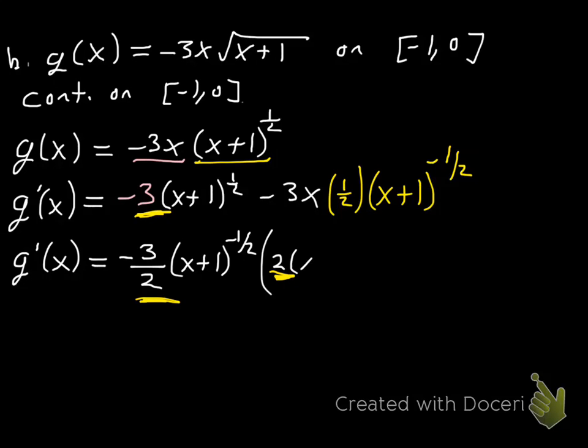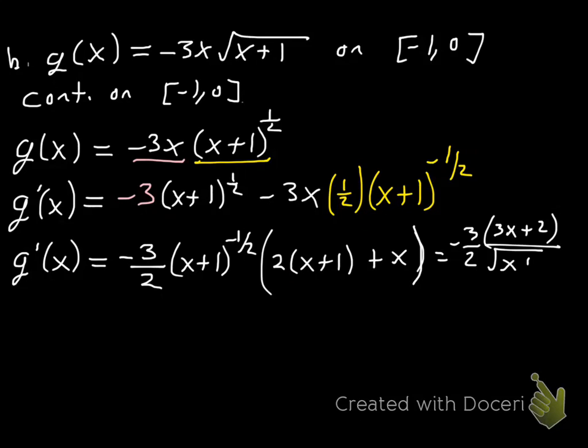So we do that to counteract it. And then x plus 1. And we get the x plus 1 there because the exponent here is 1. When I take away a negative 1/2 from 1/2, it's positive 1. Okay. And then we will rewrite that as negative 3/2 times 3x plus 2 all over x plus 1.